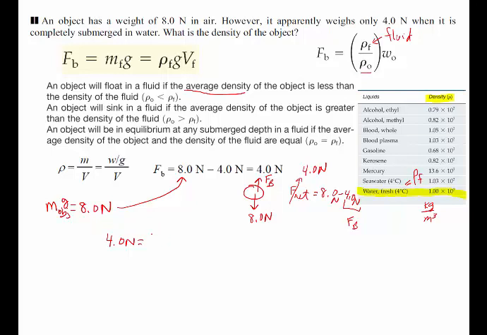So we know this is 1 times 10 to the third kilogram per cubic meter. We want to find the density rho, and here this is the weight of my object. So the actual weight of my object is 8 newtons.